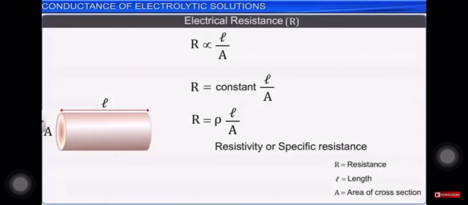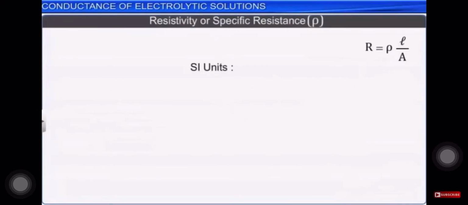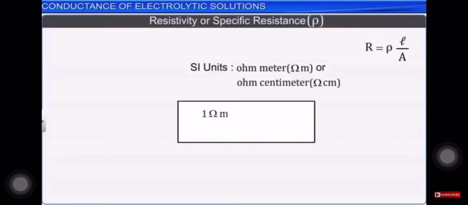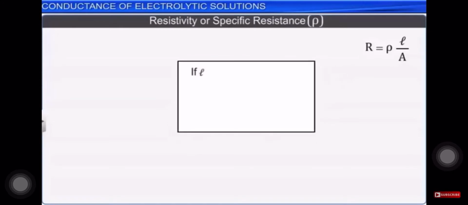That is known as resistivity or specific resistance, and it is also known as rho, and its unit is ohm meter or ohm centimeter. Now you know how to convert meter into centimeter, right? 1 meter is equal to 100 centimeter. So 1 ohm meter is equal to 100 ohm centimeter, or vice versa.